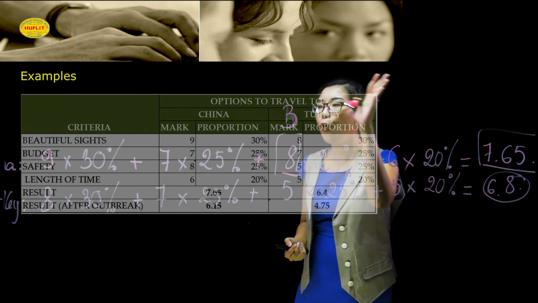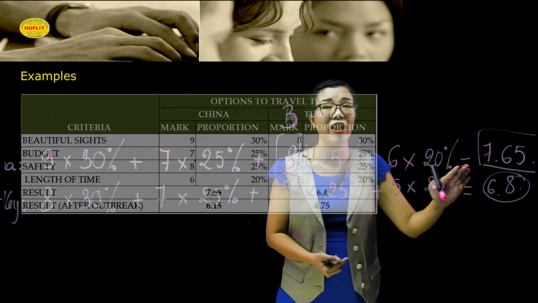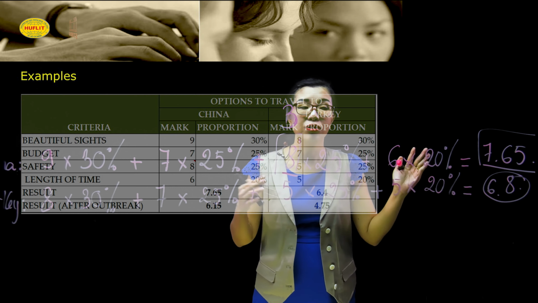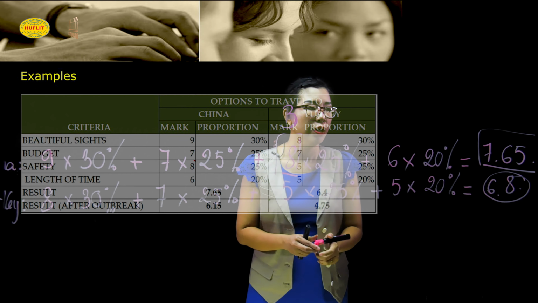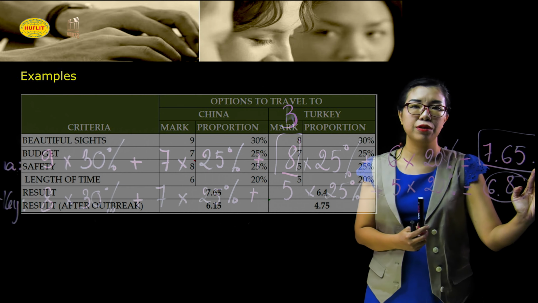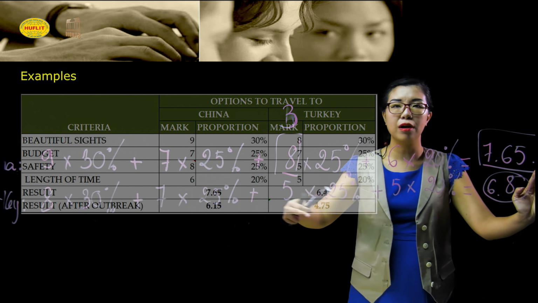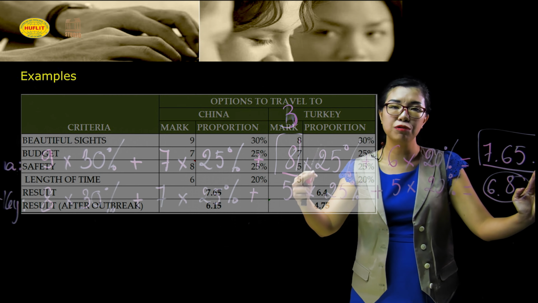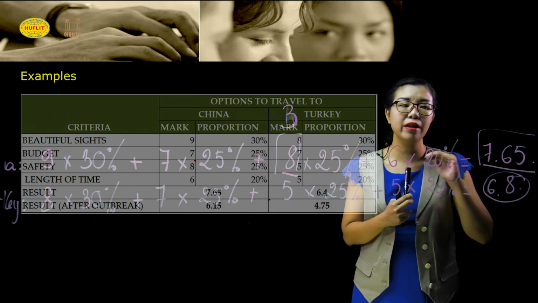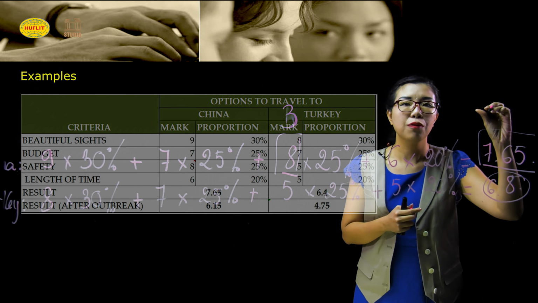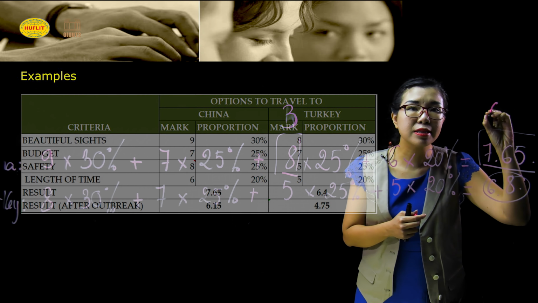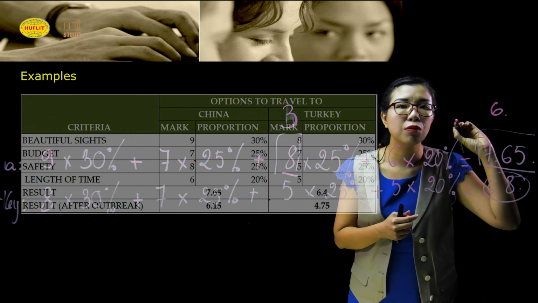So it makes the whole equation change. It changes all the results and changes your decision too. So at the beginning, you calculated 7.65 for China, but now, after the safety level is adjusted based on the real situation, we can see that the result is going to be 6.4.